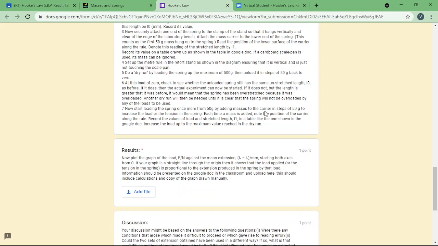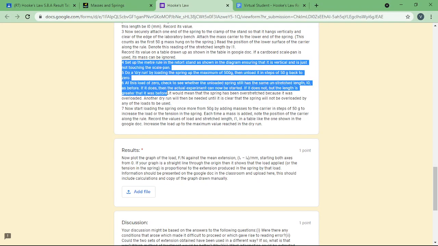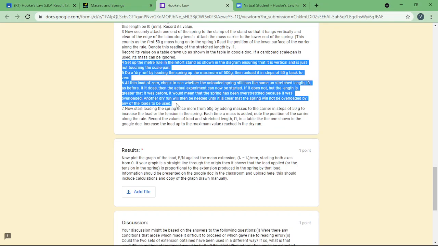All right, now this is the important part. Now start loading the spring. All this was precaution also, as this load of 0, check to see whether the spring, all these are what you would have done if you were carrying out the experiment in a real life situation.